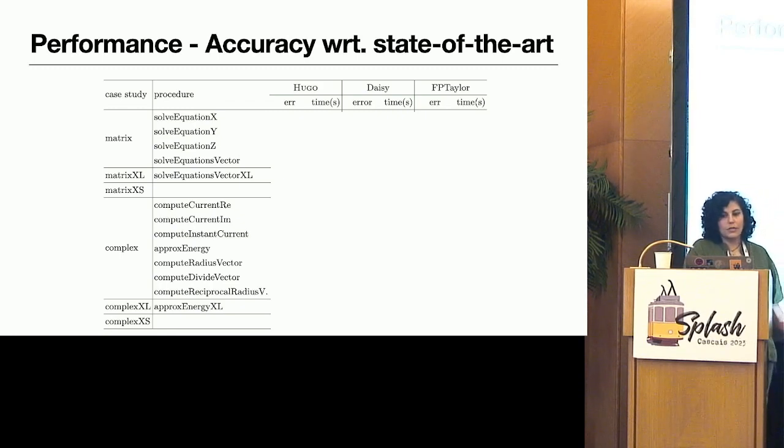And we chose DAISY since DAISY implements a different type of analysis. It's based on data flow analysis, and it has been shown to be generally less accurate. However, it is often faster. And we compare Hugo with these tools.